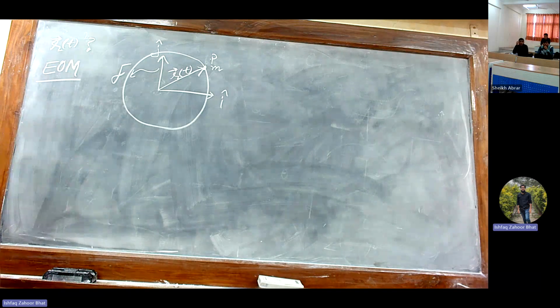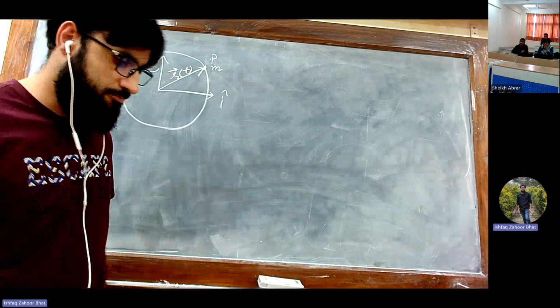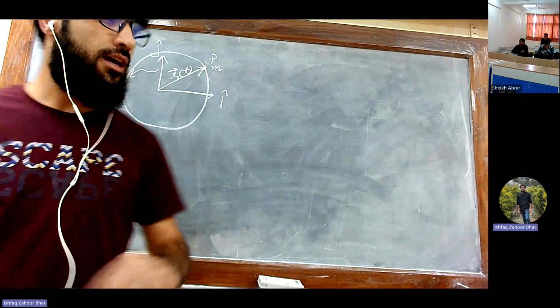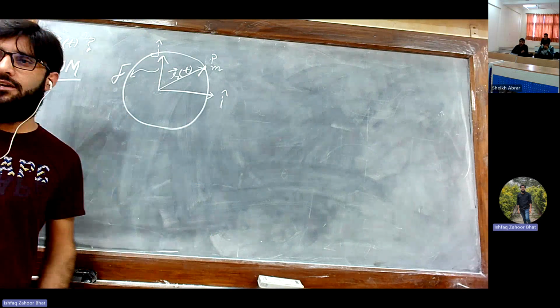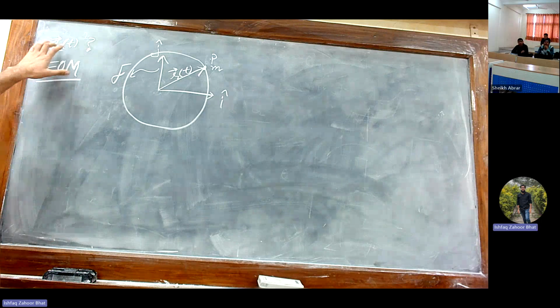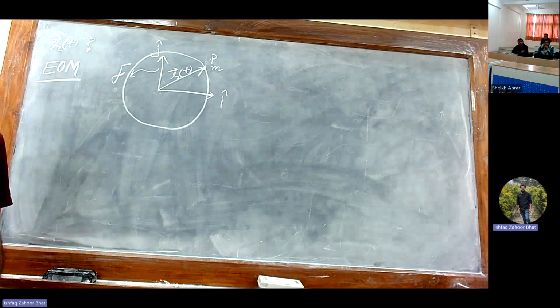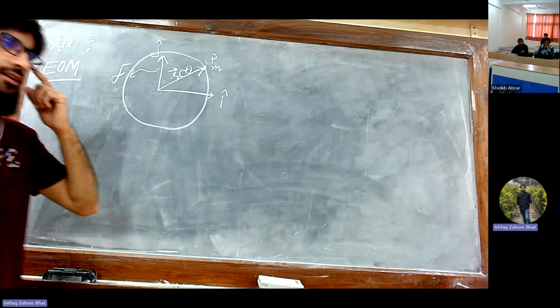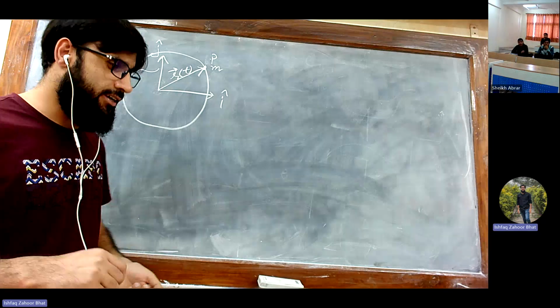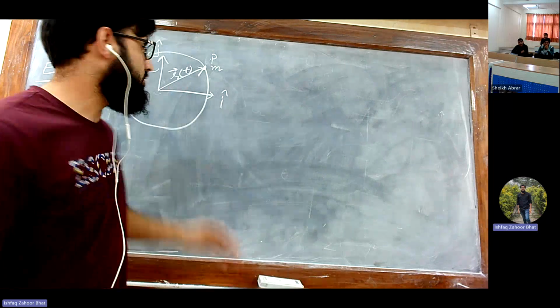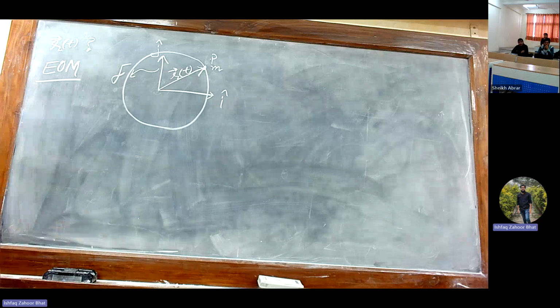I told you last time that this equation of motion or the r of t position, we don't know these things. So we need to get that relation, and we go backwards. We find acceleration, and then we integrate acceleration to get the velocity, and we integrate the velocity to get this position.